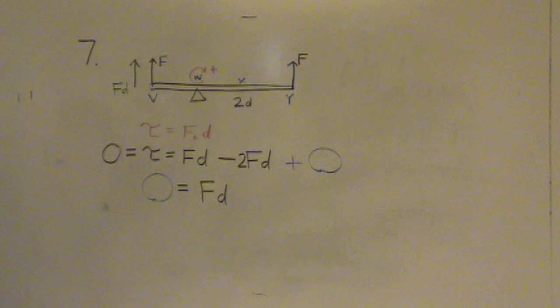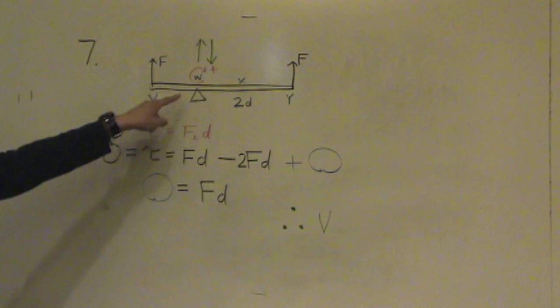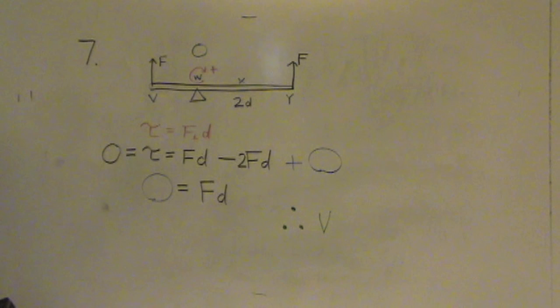At this point, we can just apply force F to points V, W, X, and Y and see if they give us Fd as an answer. When we applied force F in the positive direction, we actually got Fd, so V will be an answer, and the negative direction is negative Fd, so that wouldn't work. If we apply force at the pivot, the answer is just 0, so that does not work.